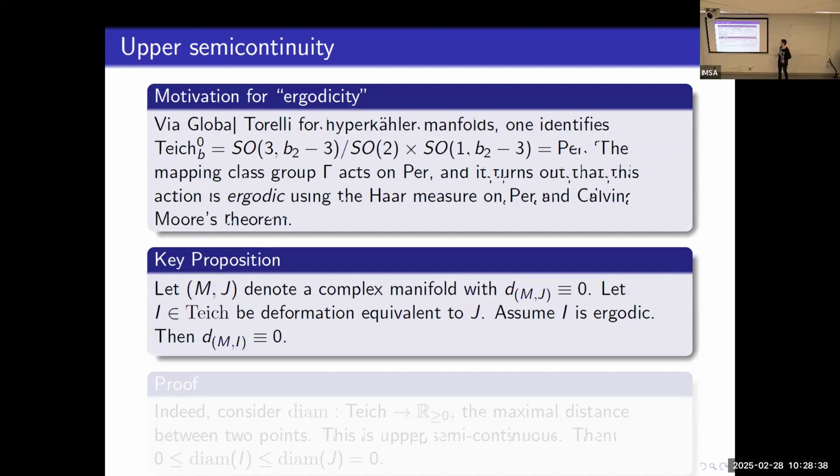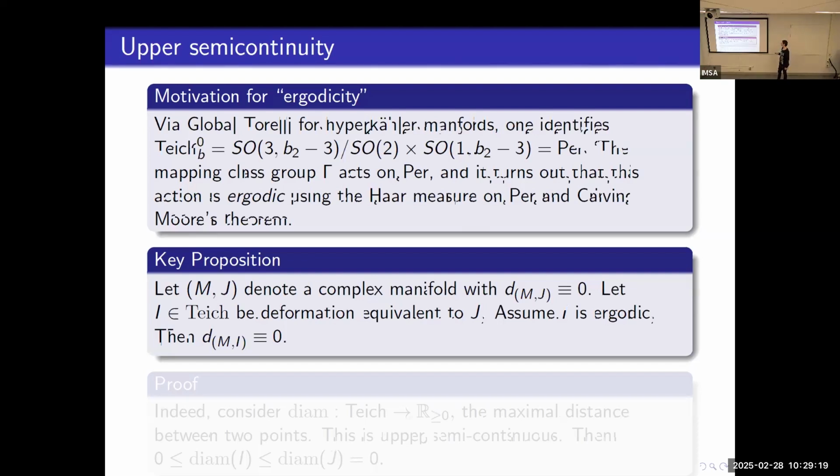Okay, so some of our theorems are based on the following key proposition, which is a very simple proposition, but it's very important. If you have a complex manifold with vanishing Kobayashi pseudodistance for some complex structure J, and then you have another complex structure I, which is deformation equivalent to J, if I is ergodic, then its Kobayashi pseudodistance also vanishes.